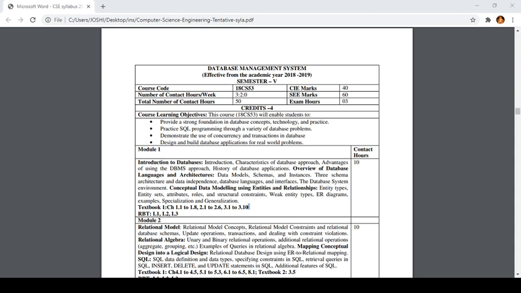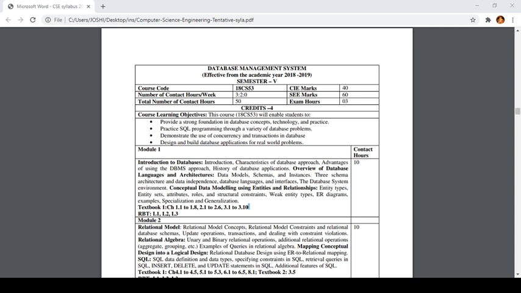First we will see the basic definition of database. A database is a collection of related data. By data we mean facts that can be recorded and have implicit meaning.